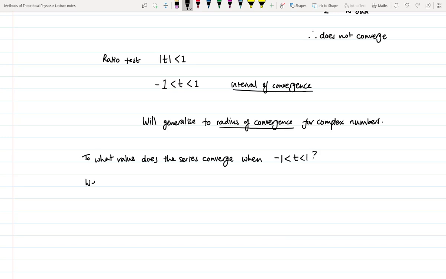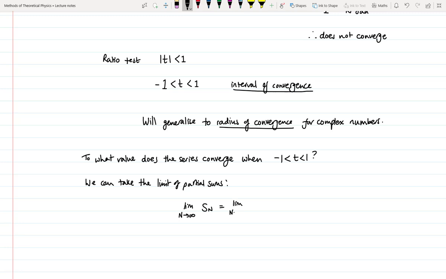Well, here we can take the limit of partial sums. We can consider the limit as n tends to infinity of the partial sum Sn. And we wrote down the value of this earlier.